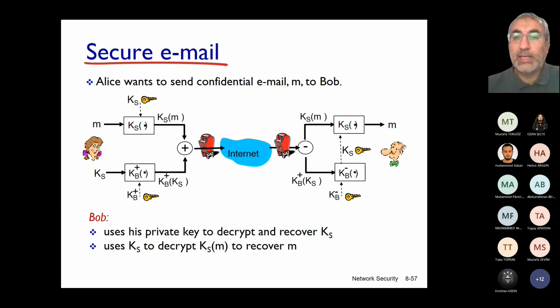Then he uses this symmetric private key to decrypt the message KS of M and obtain the original message. So this is the application of security in email applications.